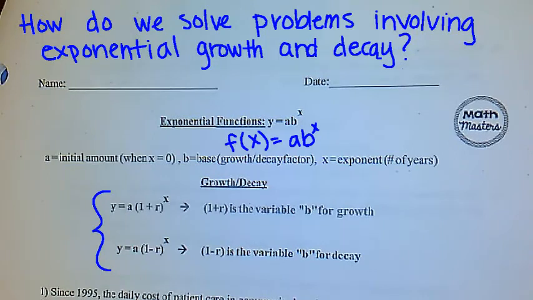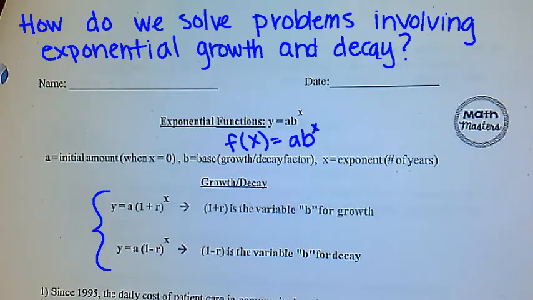So we have our original exponential equation, which is y equals a b raised to the x power. A is the initial amount, or the y-intercept. It is both, but we call it the initial amount if we're talking about a word problem, or the y-intercept if we're talking about the graph. B is the base, our growth and decay factor.